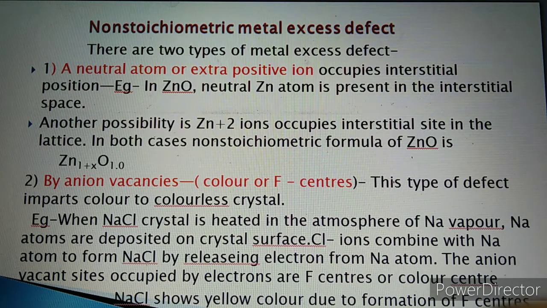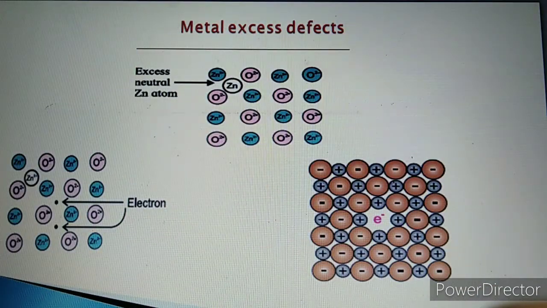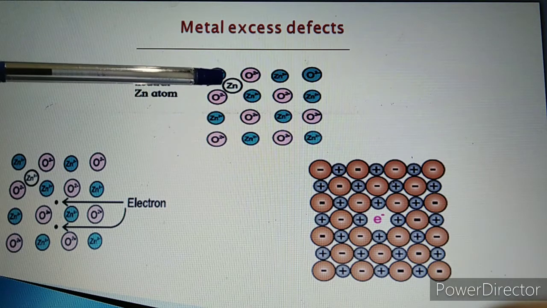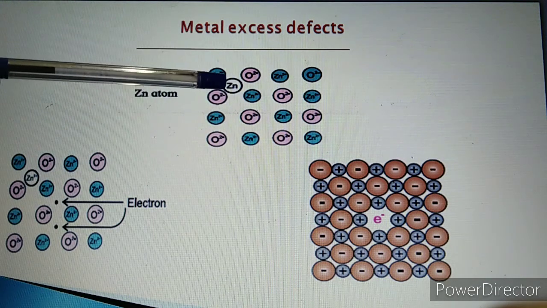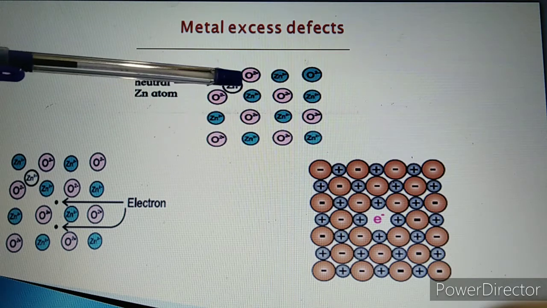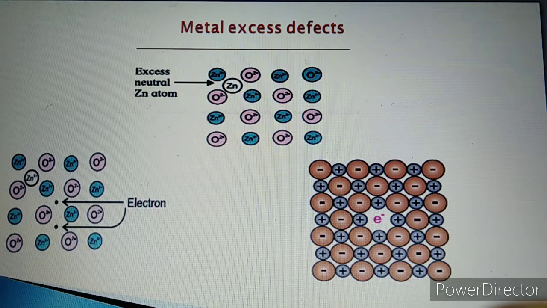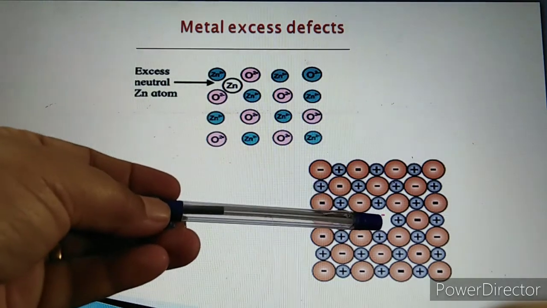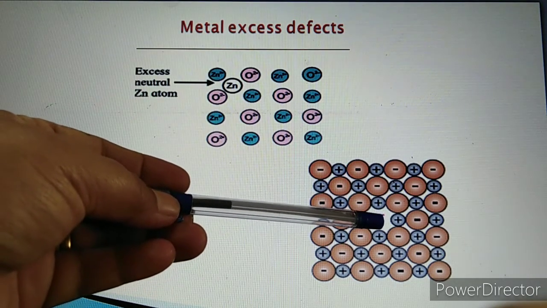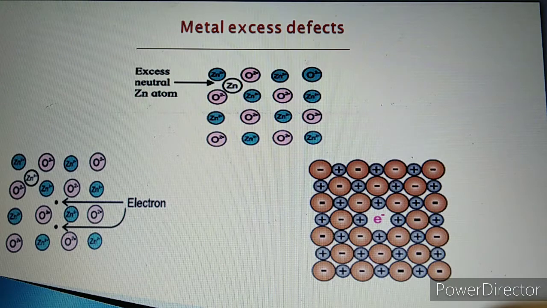See, the figures are given for this. The first one shows metal excess defect because of the addition of neutral zinc atom, which occupies the interstitial site. The second defect shows anion deficiency, where the electron will occupy the interstitial site.